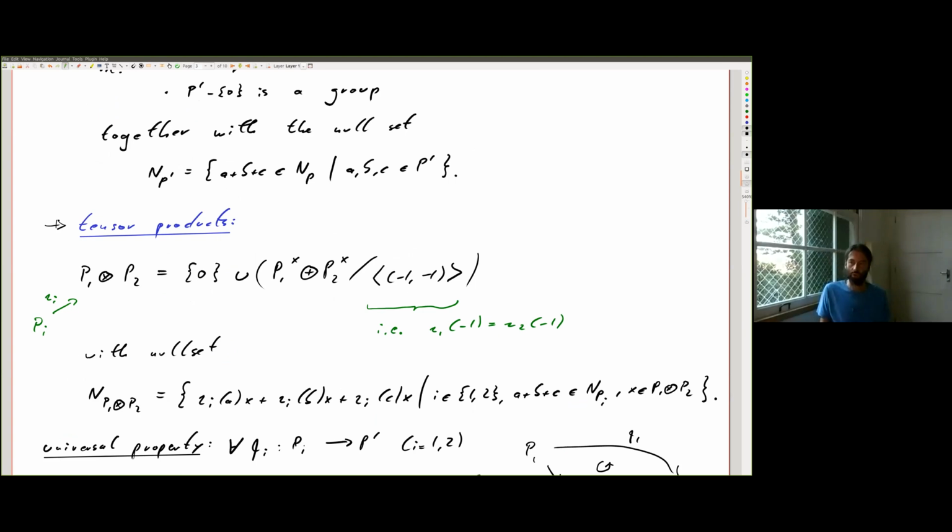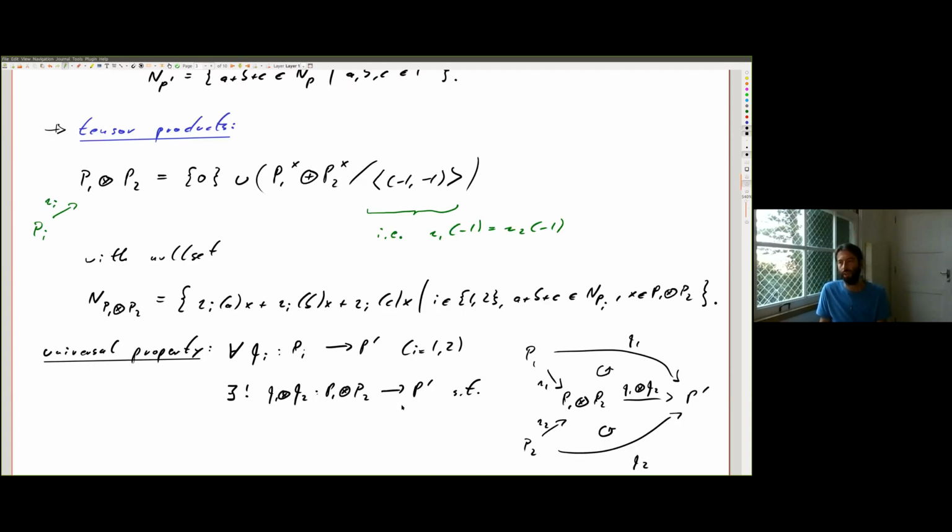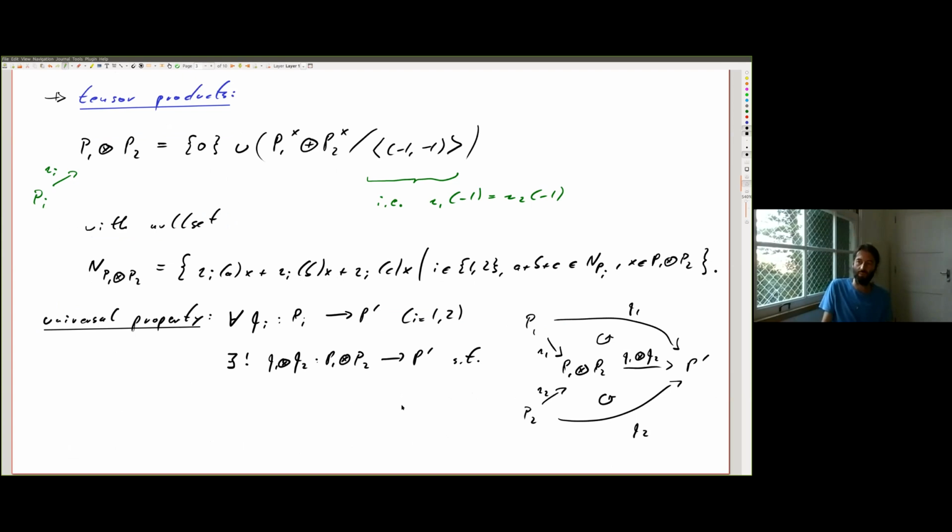This tensor product is really a tensor product because it's a coproduct in the category of pastures, like the tensor product of rings is a coproduct inside the category of rings. This means that for every pair of morphisms f1 from P1 to P prime and f2 from P2 to some other pasture P prime, there exists a unique morphism f1 tensor f2 from P1 tensor P2 to P prime, such that this diagram here on the right-hand side commutes.